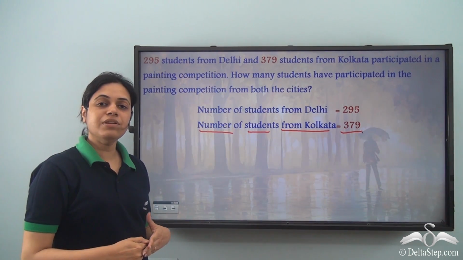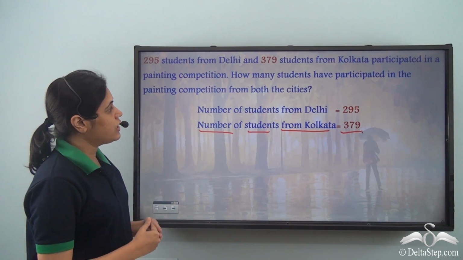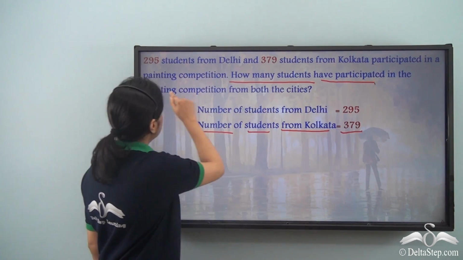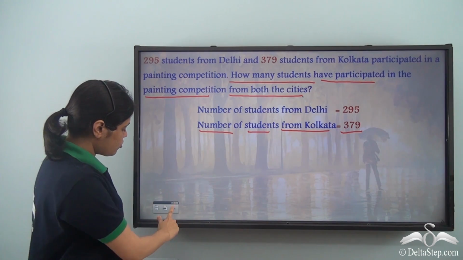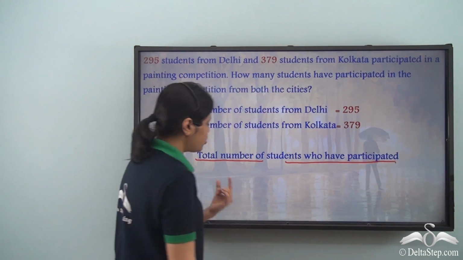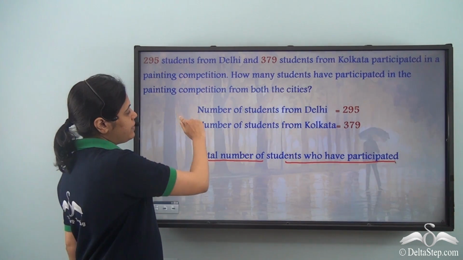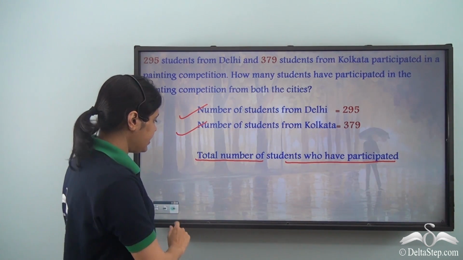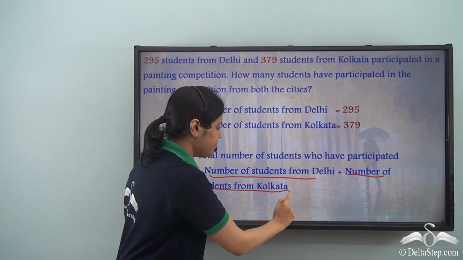Next we write what is asked in the question. How many students have participated in the competition from both the cities? So the total number of students who have participated will be this plus this: number of students from Delhi plus number of students from Kolkata.